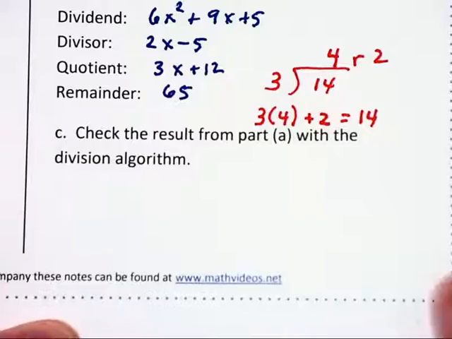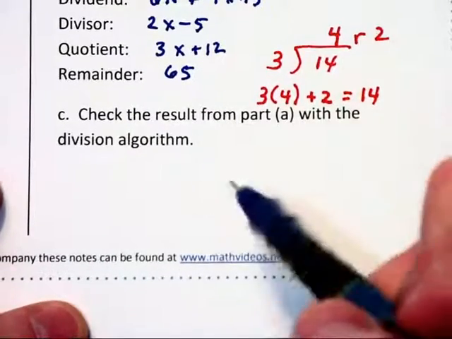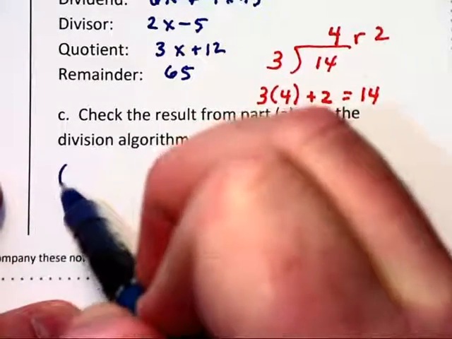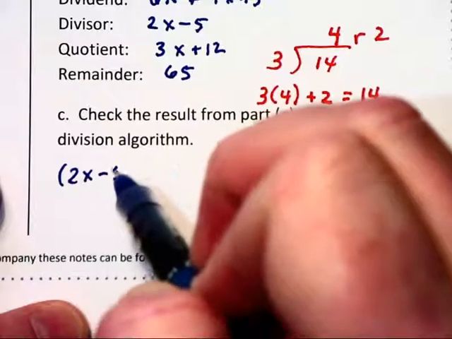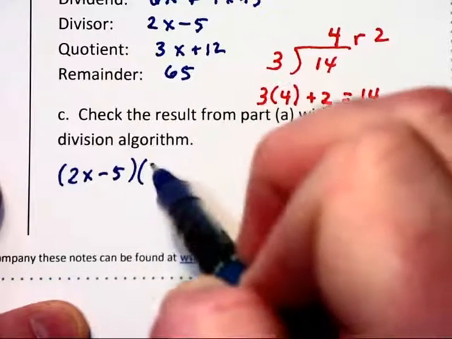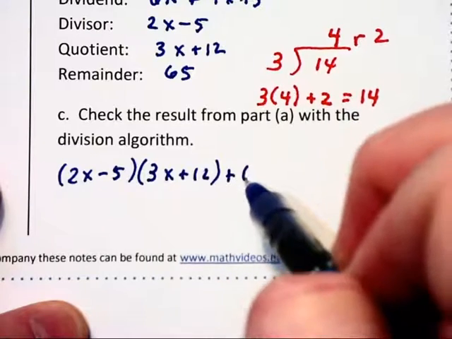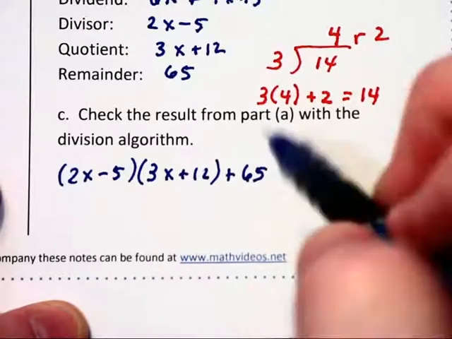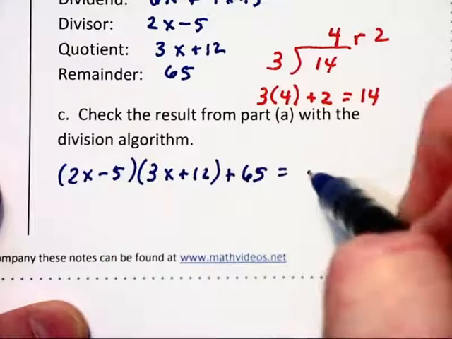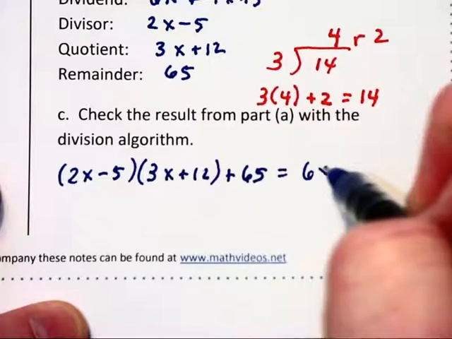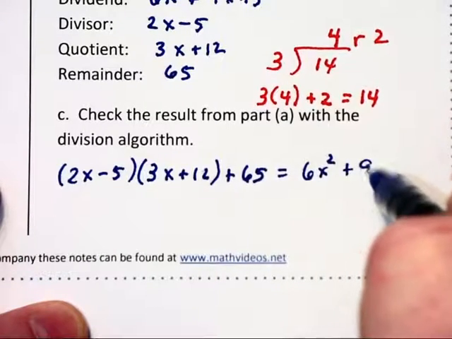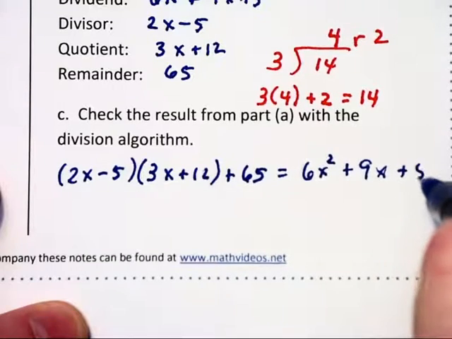The way we would check our long division is we would take the number out front, 2x minus 5, times our quotient, 3x plus 12, add on our remainder, 65, and check, is that equal to our dividend, 6x squared plus 9x plus 5?